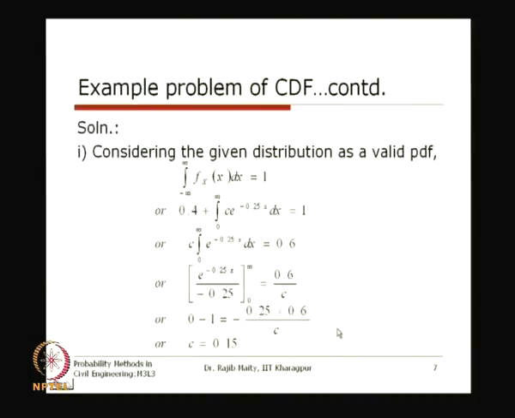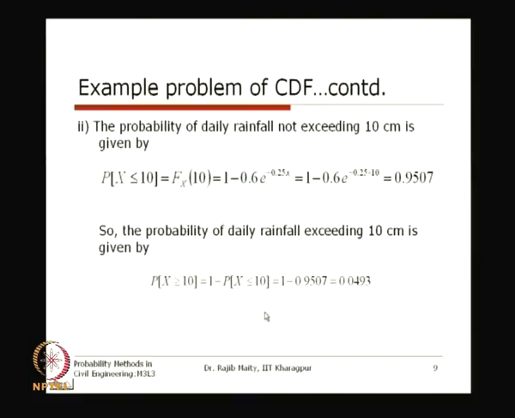Putting x equal to 10, F(10) is 1 minus this expression, which gives 0.9507. So the probability of daily rainfall exceeding 10 centimeters is 1 minus P(X less than 10), which equals 0.0493.